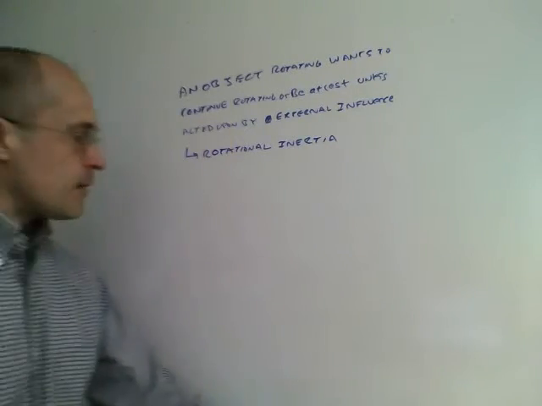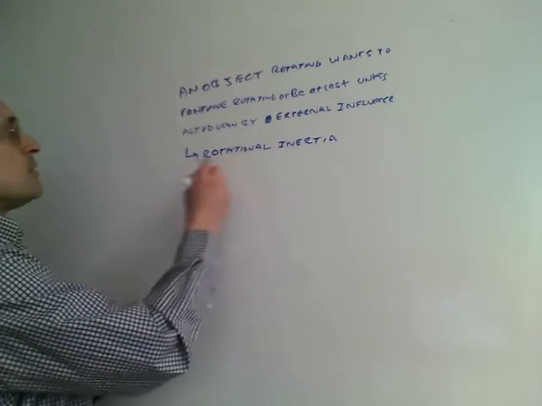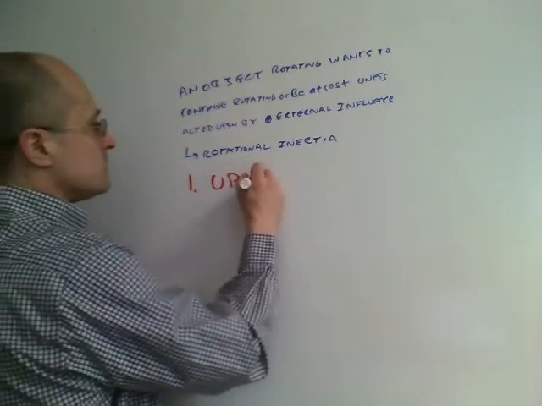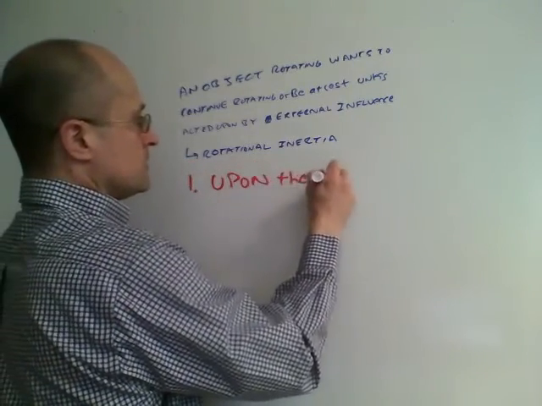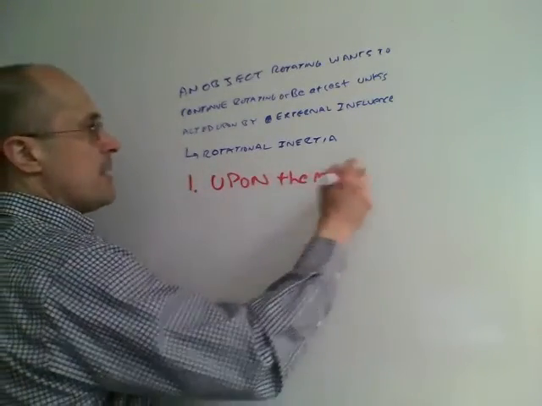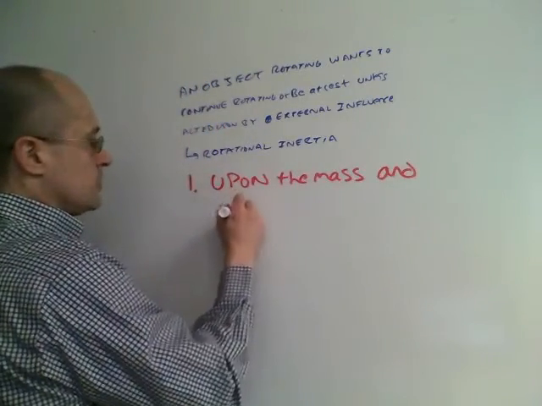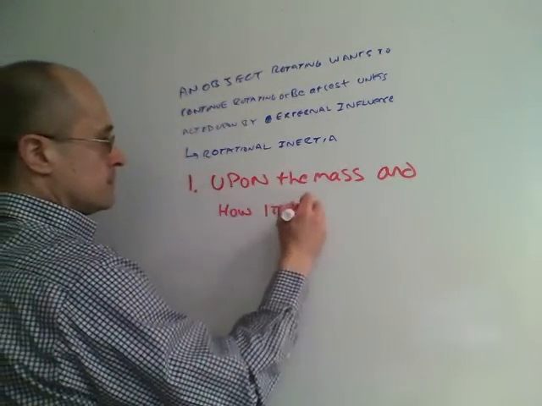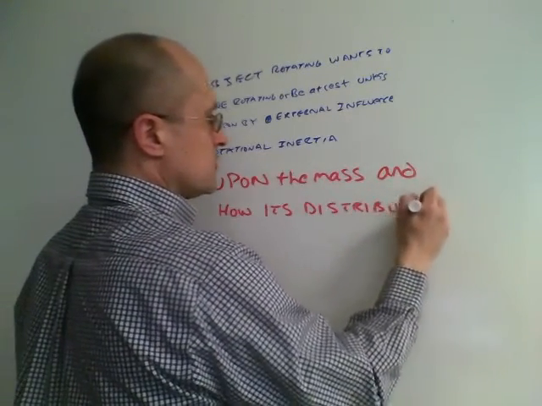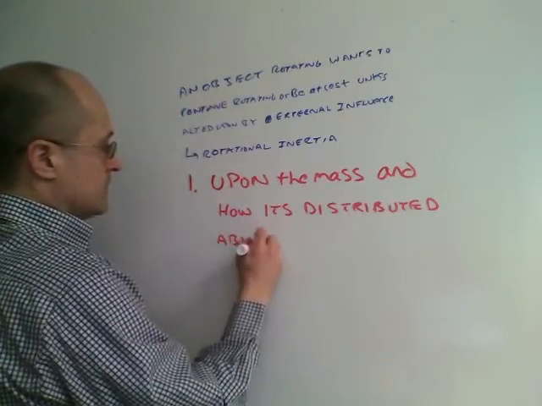So when we're thinking about rotational inertia, it is going to depend, one, upon the mass, because it is inertia, but it's not just the mass. It depends upon the mass and how it's distributed about the rotation axis.